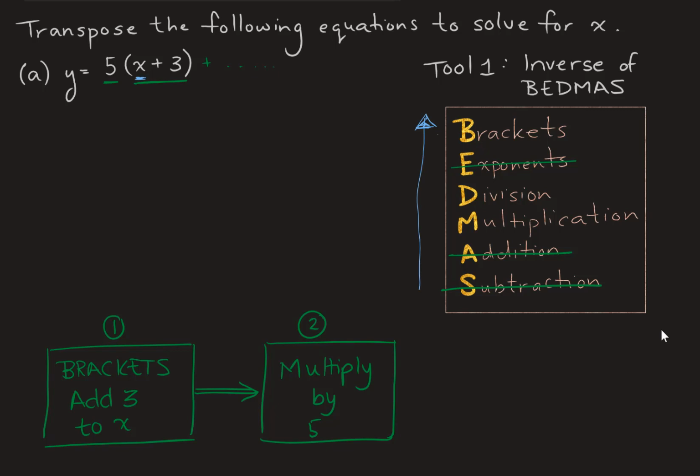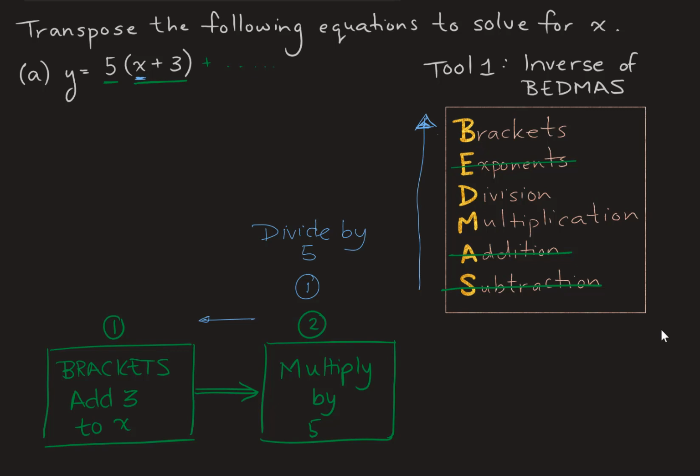You have to work opposite the original order of operations. So now we're going to reverse this process, put that in blue, and we're going to do the opposite of multiplying by 5. We are going to divide by 5.